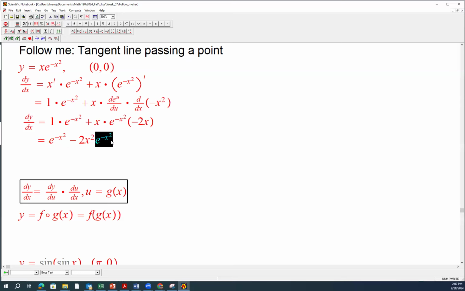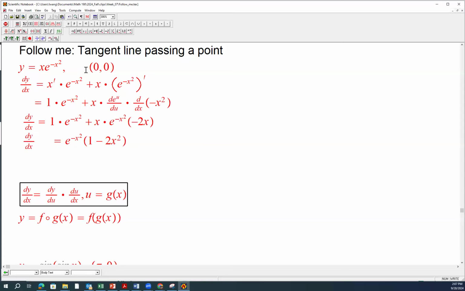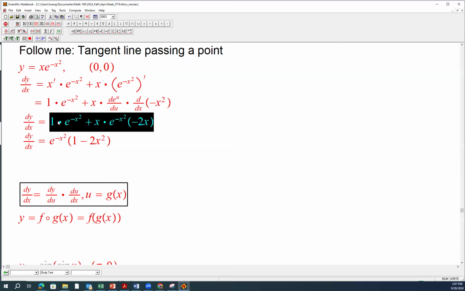So we factored out that piece, and we got 1 minus 2x squared. So that's the final derivative if you so choose. I would prefer this form, but the other form is okay as well, just simplify that.